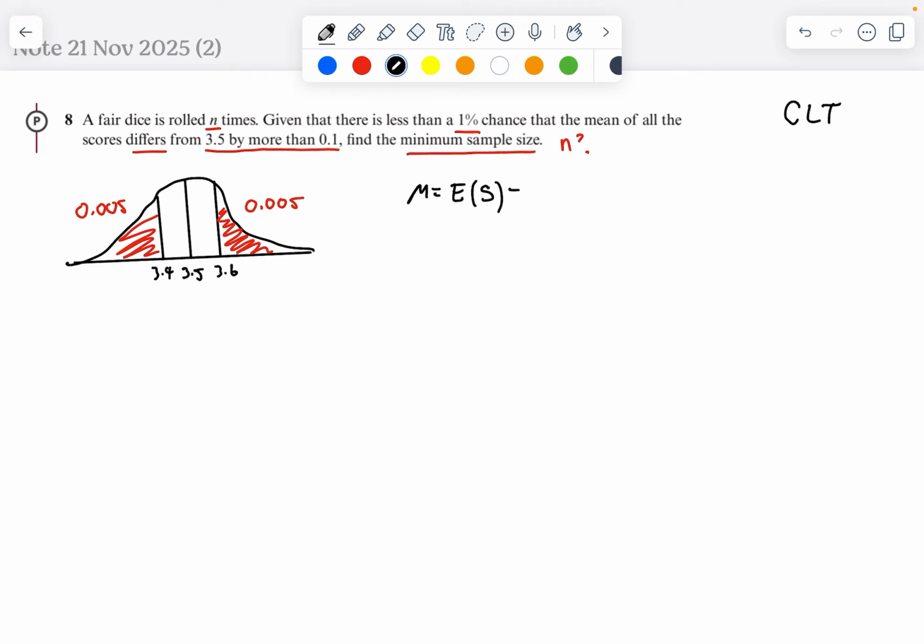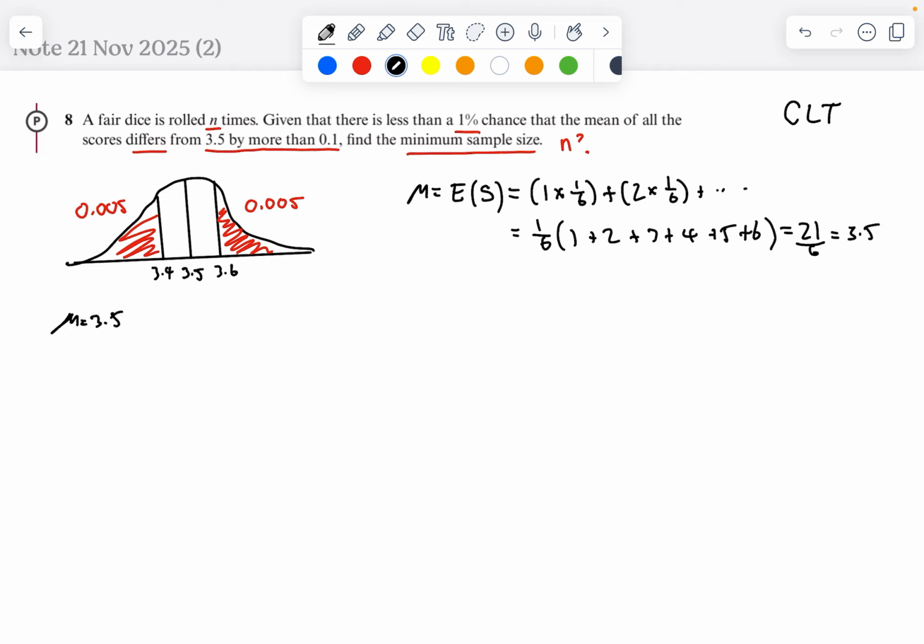So the expected value is equal to the value x times its probability, which is going to be 1 over 6 times 1 plus 2 plus 3 plus 4 plus 5 plus 6, which gives us 21 over 6, and that is equal to 3.5. Okay, so that's my mean.